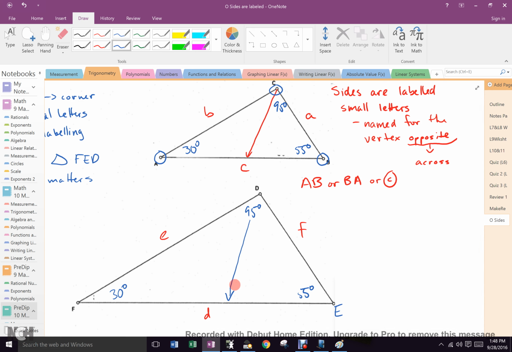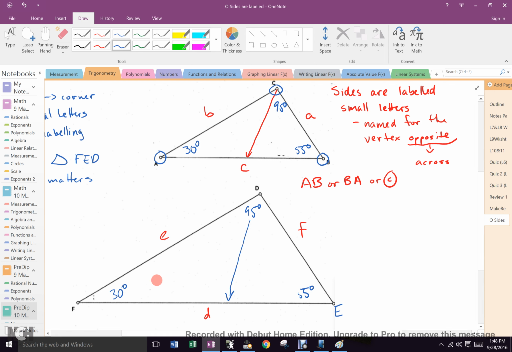Everybody see that? Biggest angle is always across from the biggest side. Now you already know that from the hypotenuse, right? Because the 90 degrees is the biggest angle, the hypotenuse is the biggest side. But a lot of people don't bother going one step further when they're discussing hypotenuses and right angle triangles, that it applies to every triangle. Okay? What do you notice about 30?